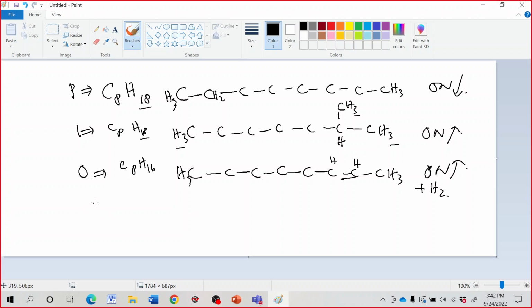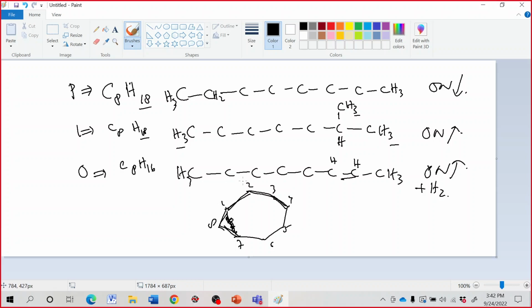And then if you have a cyclic, so you have 1, 2, 3, 4, 5, 6, 7, and that's 8. I'm very bad at drawing. So you can calculate how much the hydrogen is.